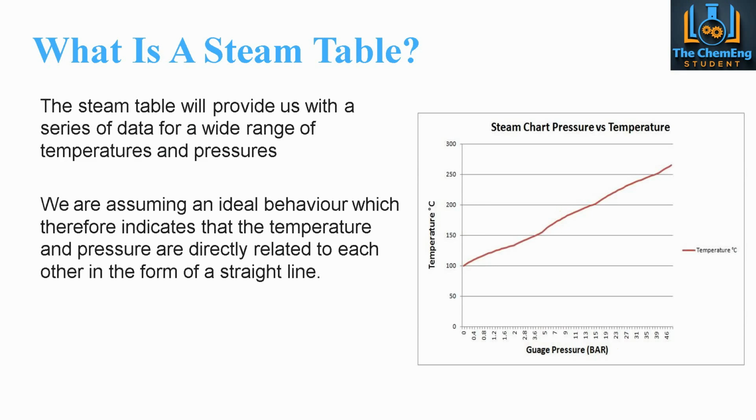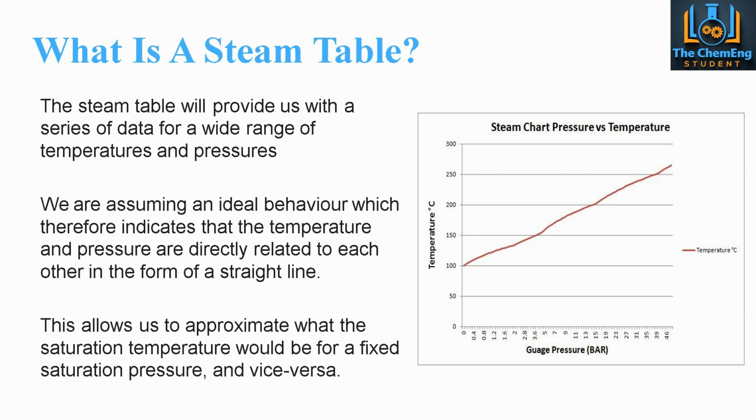So again, it comes back to this idea of saturation, and we'll look at a phase diagram to see exactly what is going on in terms of saturated and unsaturated. Now this allows us to approximate what the saturation temperature would be for a fixed saturation pressure, or vice versa.